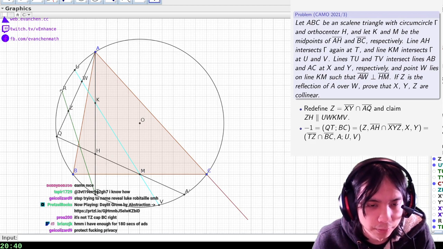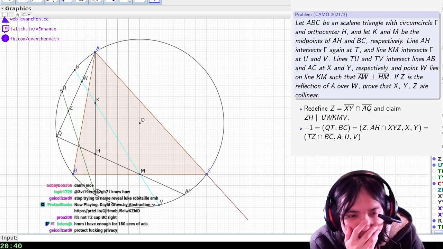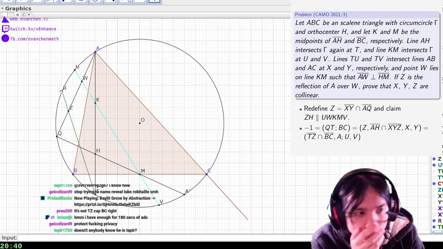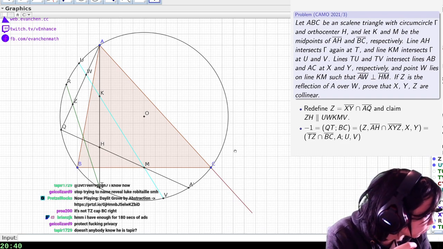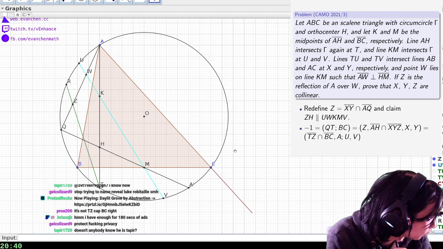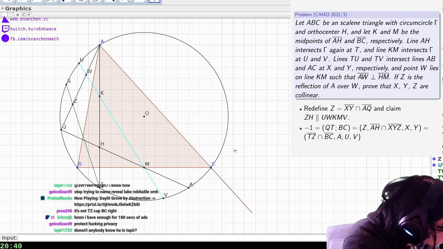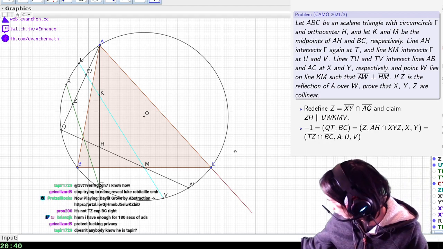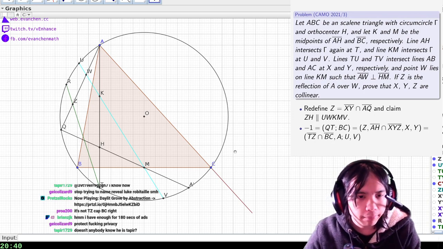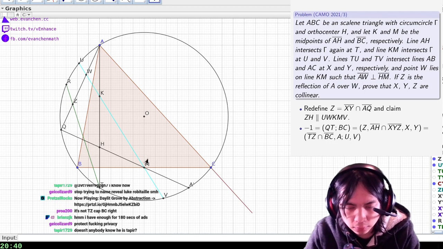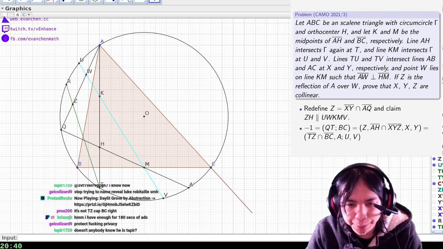So we want to show that starting from AVUR being cyclic, we would like to show, so I actually wonder if maybe it's better if I do the following.